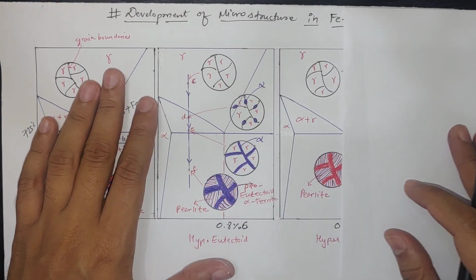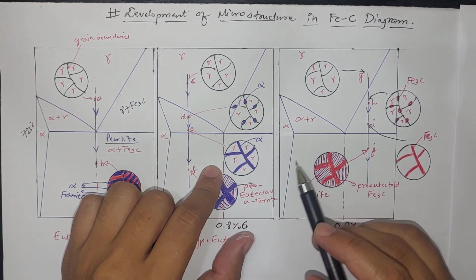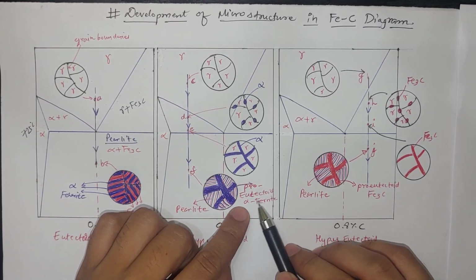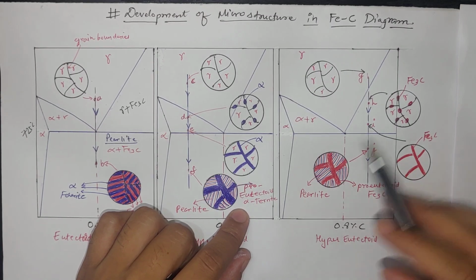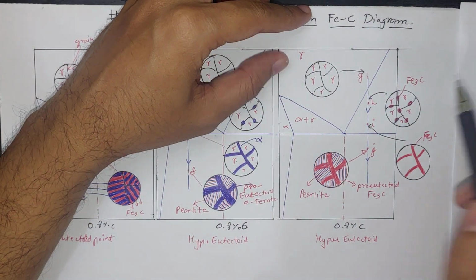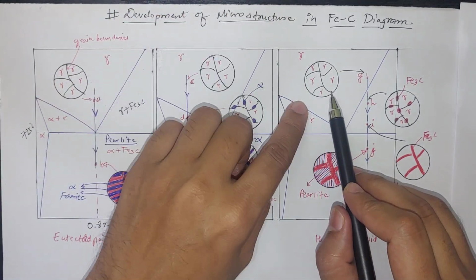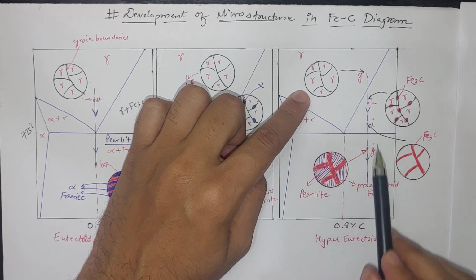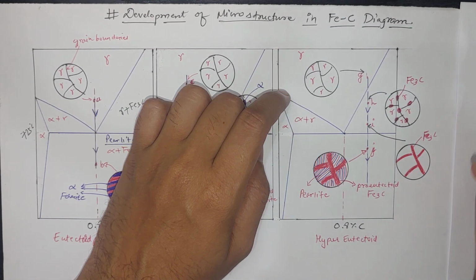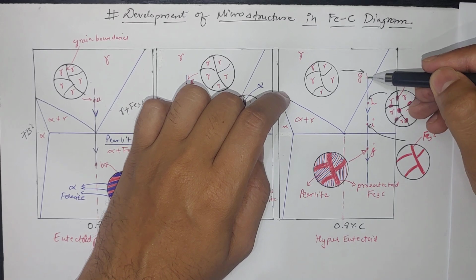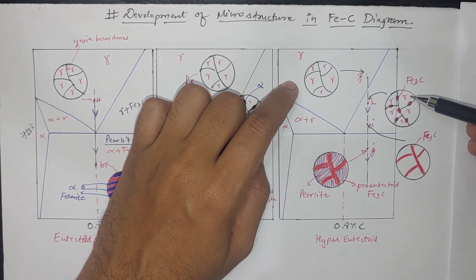And the third case is similar to the second case, but here the pro-eutectoid alpha ferrite is not present. Instead of that there will be pro-eutectoid cementite. We'll see that from gamma austenite grains, we slowly cool in the region greater than 0.8 percentage carbon, which is hypereutectoid steel. So from gamma it converts to gamma plus Fe3C.